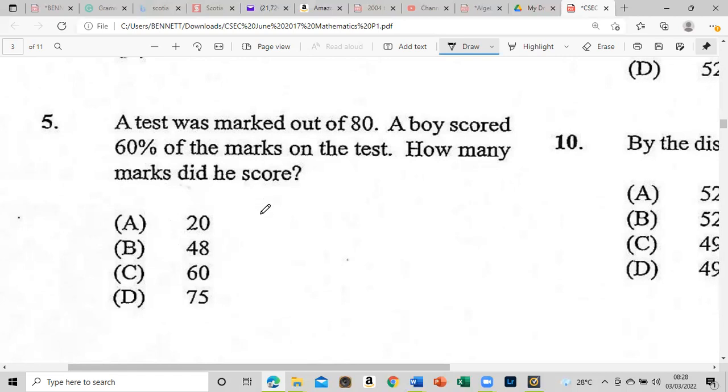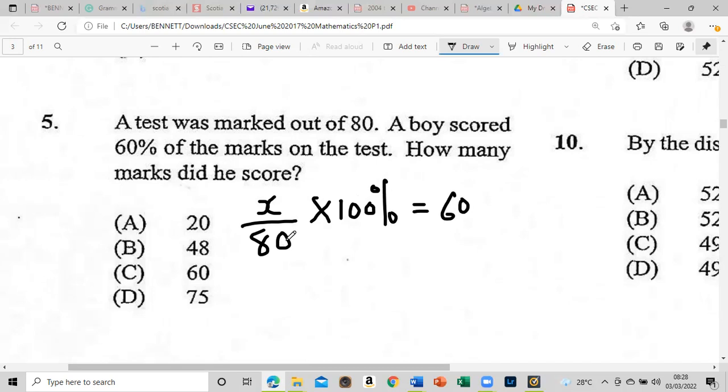But since we are all mathematicians, let us use X to represent the student's score. We know that it's marked out of 80, times 100, that's 100%. That's how we calculate a grade. And we know that it ends up to be 60%. So we can just transpose.